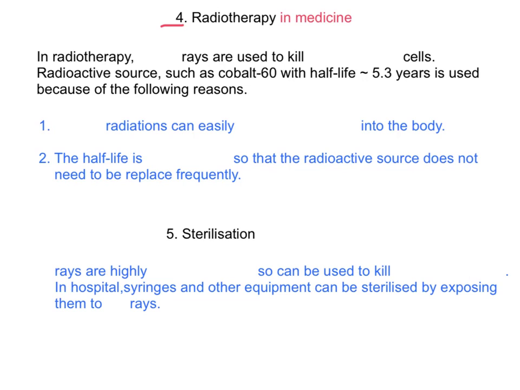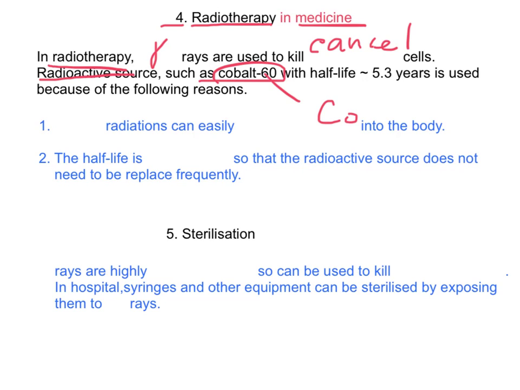The fourth example is radiotherapy, used in medicine. In radiotherapy, gamma waves are used to kill cancer cells. Radioactive source such as cobalt-60 with half-life approximately 5.3 years is used because of the following reasons.